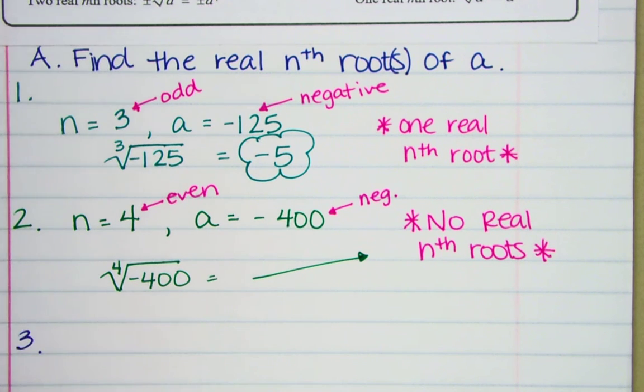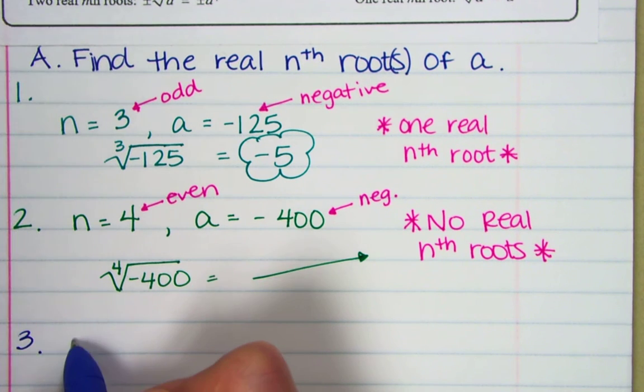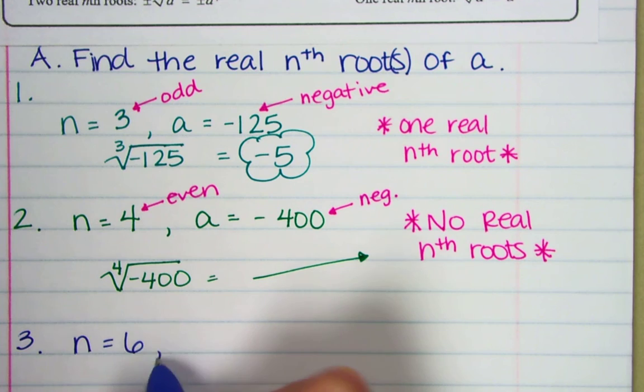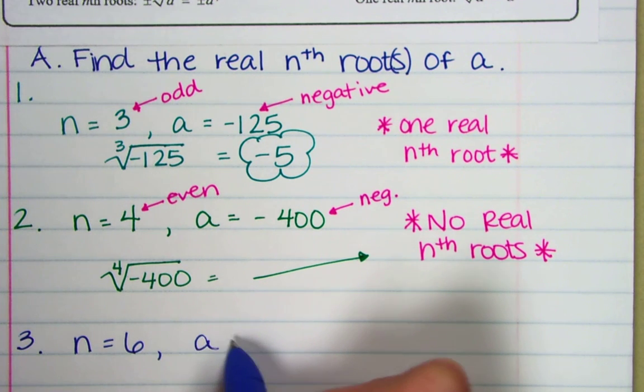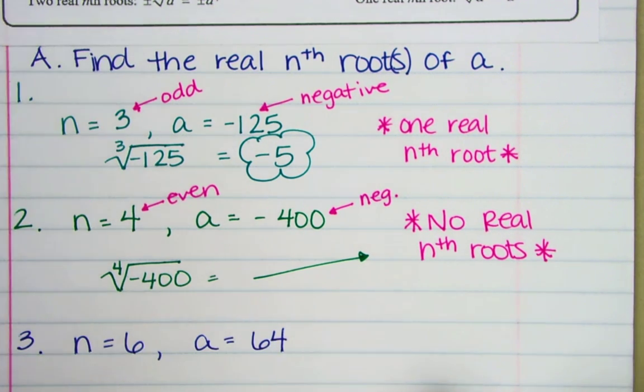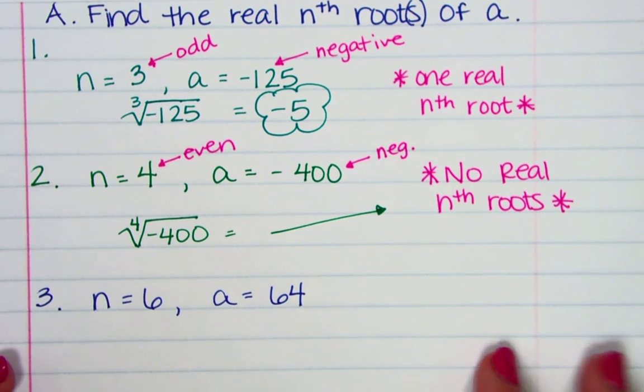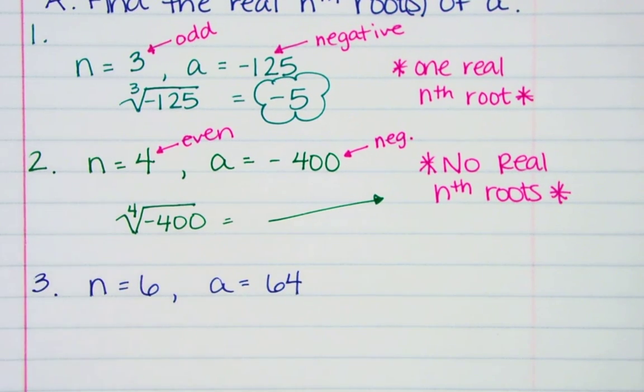Number 3. Okay. N is 6. And A is 64. Okay, I want you to do what I did on number 1 and 2 and find your solution or solutions or no solution if there's not one.